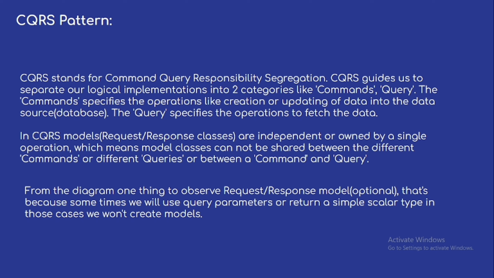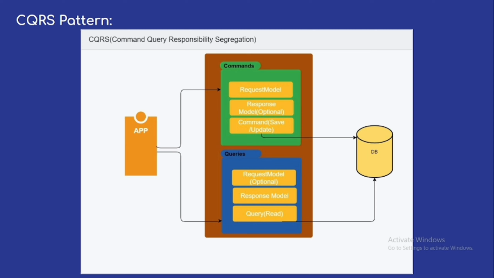In the CQRS model, request and response classes are independent and owned by a single operation. I told you that a CQRS query or command contains a request model and response model. Each model or class is designated to a specific feature in the project. Suppose I have products and orders. Orders will have their own request model, and products will have their own request model.